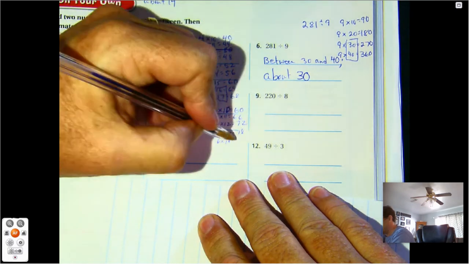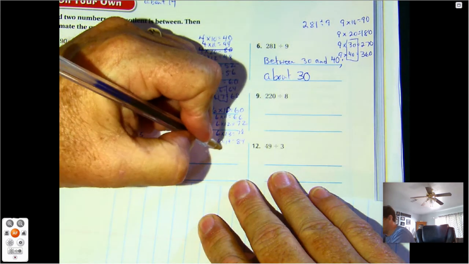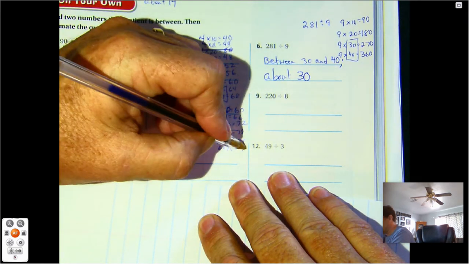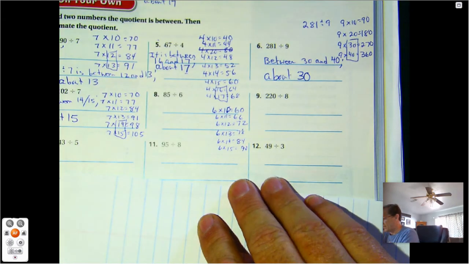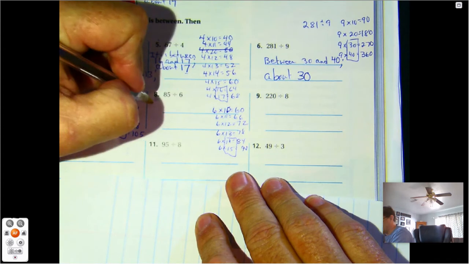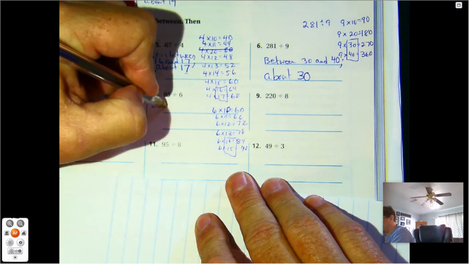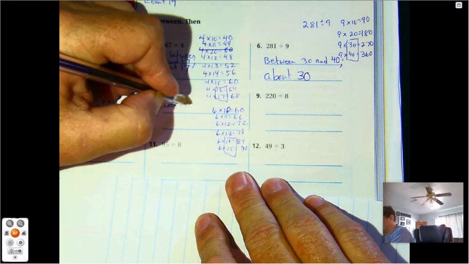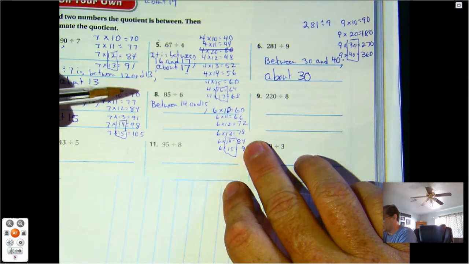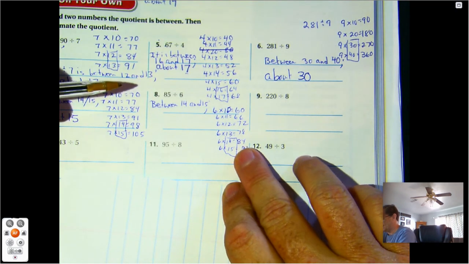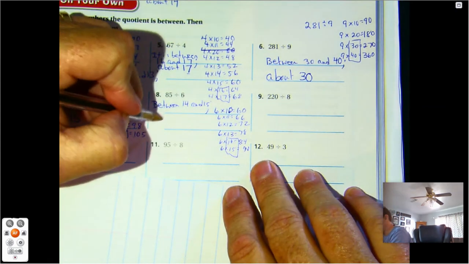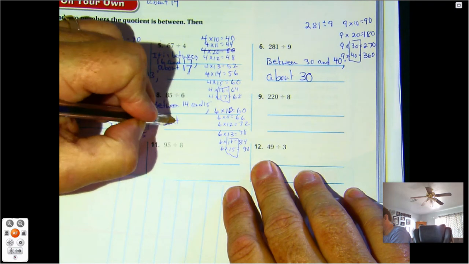So we need one more, and that gets us to 90. Okay, so we know it's between 14 and 15. And it's closest to 6 times 14. 84 is closer to 85 than 90 is. So I'm going to say about 14 is my best estimate.